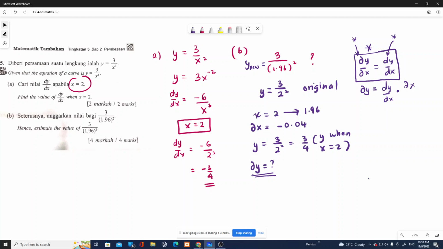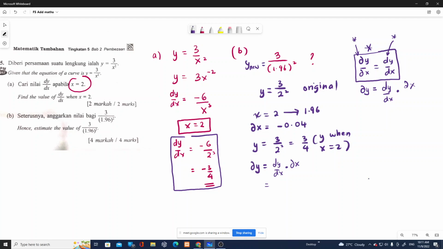So dy dx, when x equals to 2, we have to use the value in the first part. Your dy dx when x equals to 2 is negative 3 over 4. So delta y is dy over dx times delta x.